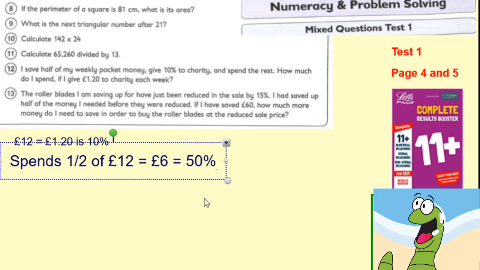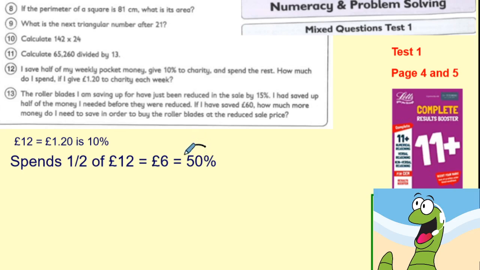So we have 50% plus 10% equals 60%. So he gives away 10% and he spends 50%. So that gives us 60% in total, which leaves us with 40%.